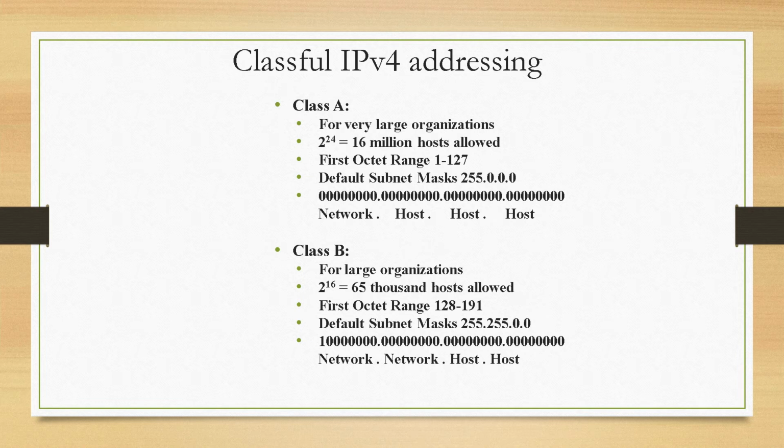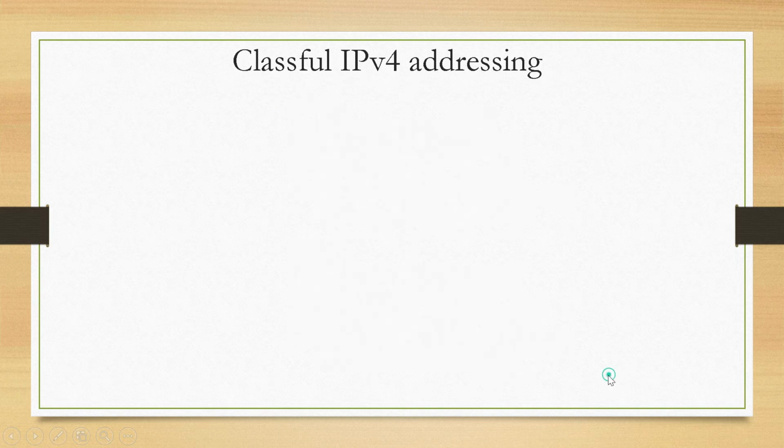It will allow 65,000 hosts connected to this network, and the first octet range will be from 128 to 191. The default subnet mask is 255.255.0.0. So this is how it will look. The first two octets are the network octets and the last two are the host octets.